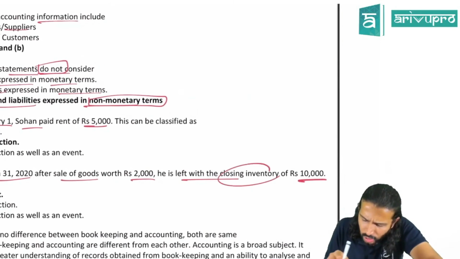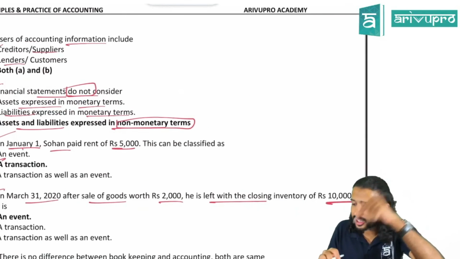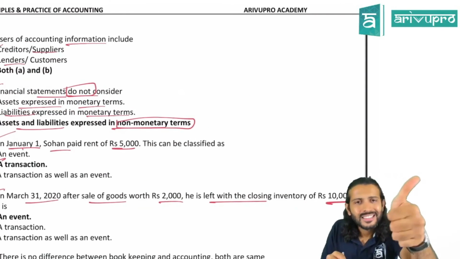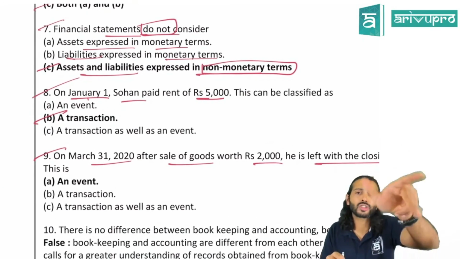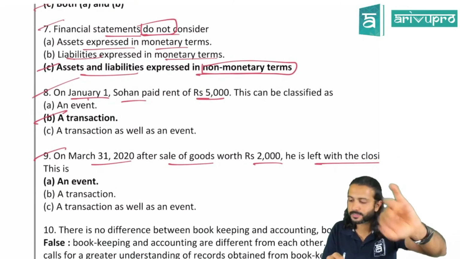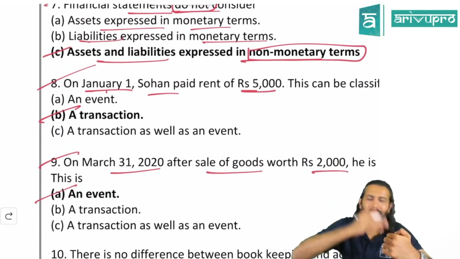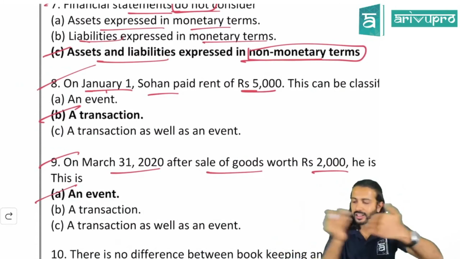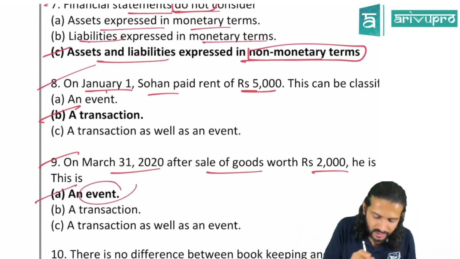That only we call closing stock or closing inventory. They're asking whether closing stock is a transaction, an event, or both. It's an event, because you did purchase and you did sell. The result of that buying and selling is your closing stock. Hence, it is an event.